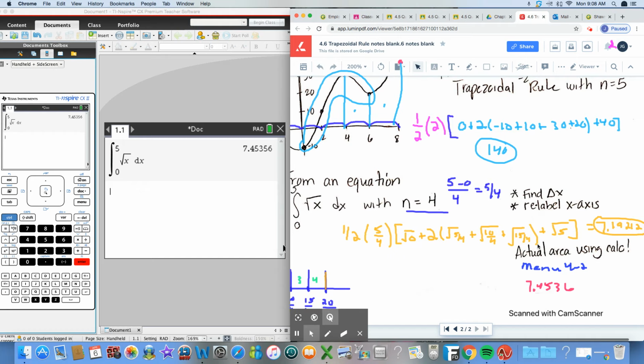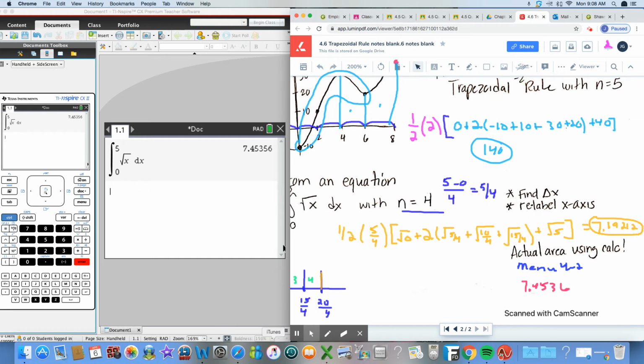Okay. And if I wanted to do the percent error, you can subtract these two and divide by the original. Some of you guys have probably done that in physics before, getting percent error.